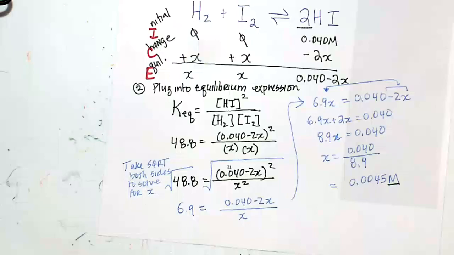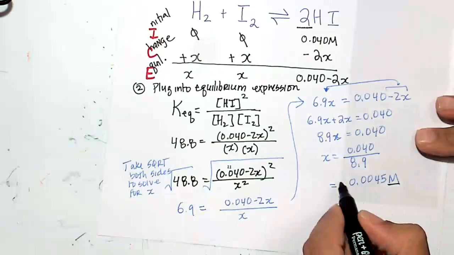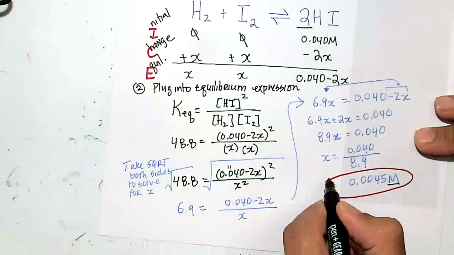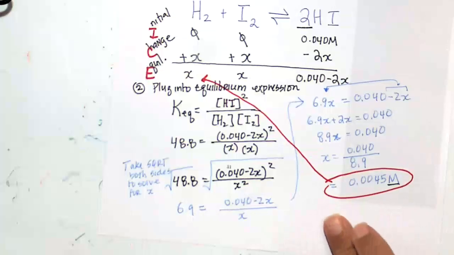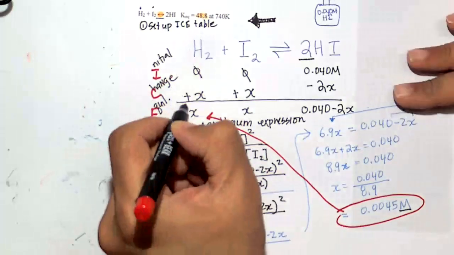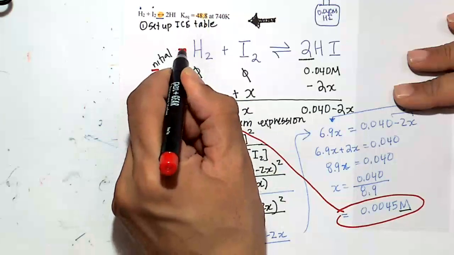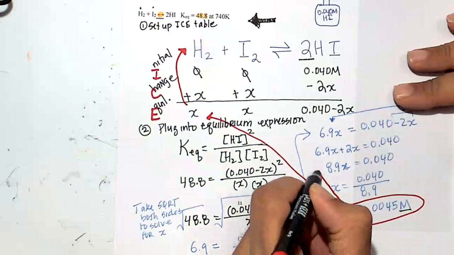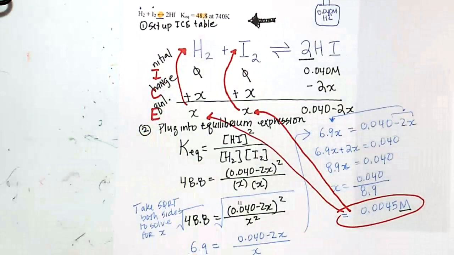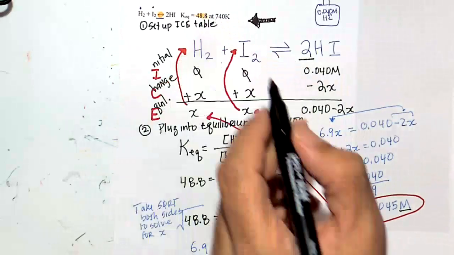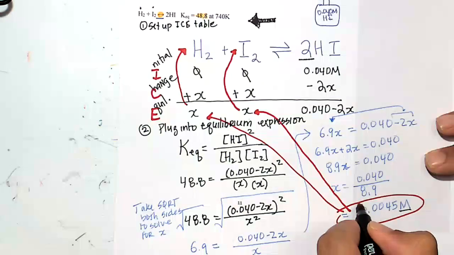We solved for x, but what is x anyways? x is this, which corresponds to the concentration of H2 at equilibrium. x is this, which corresponds to the concentration of I2 at equilibrium.